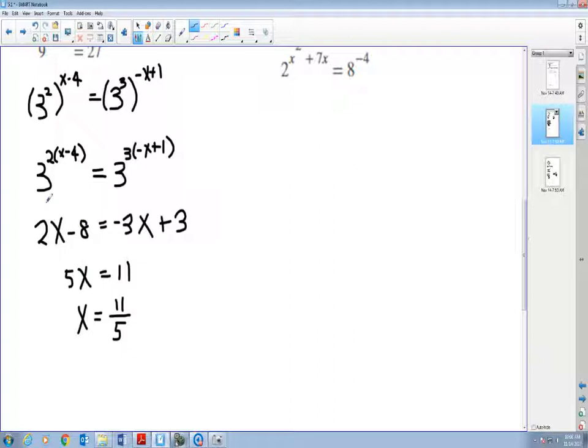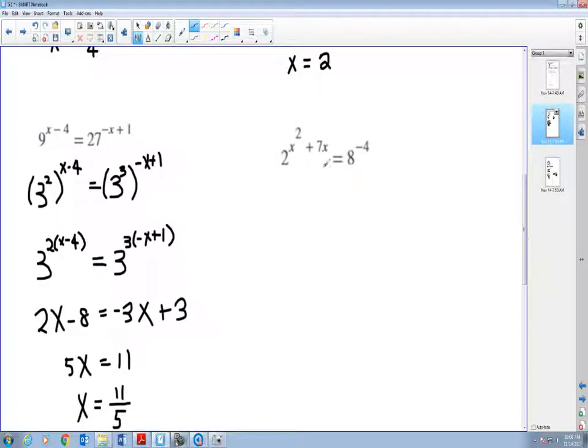Alright. So once I set the exponents equal and multiply them out, these are linear equations. This one will actually end up with a quadratic. So right now, this right hand side is 2 to the x squared plus 7x.